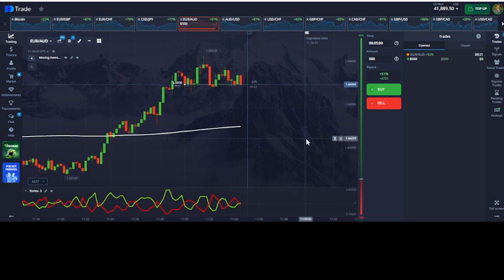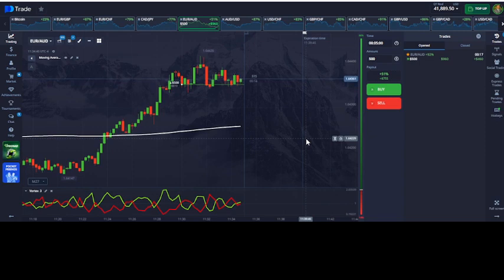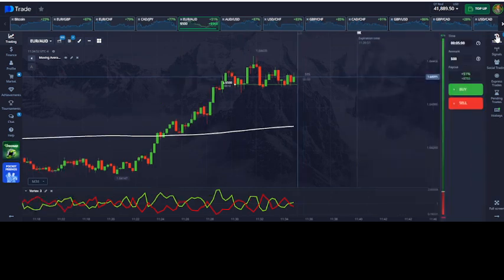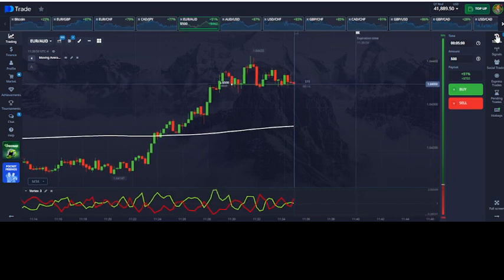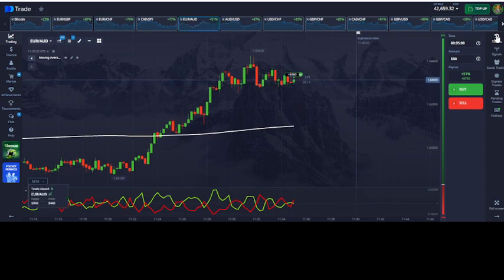So let's wait for the expiration. 15 seconds left. Okay, so that trade was in the money. All right, so far 1 for 1 with the Trade Command Quant Engine.